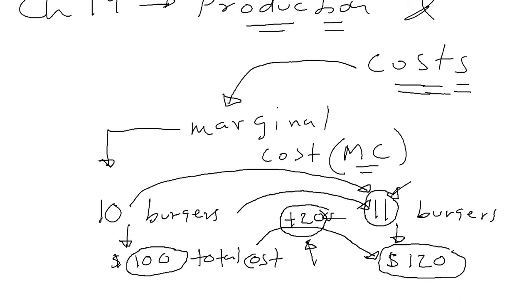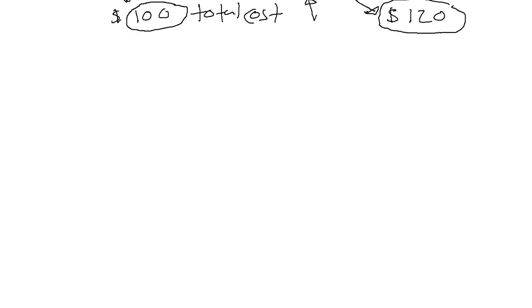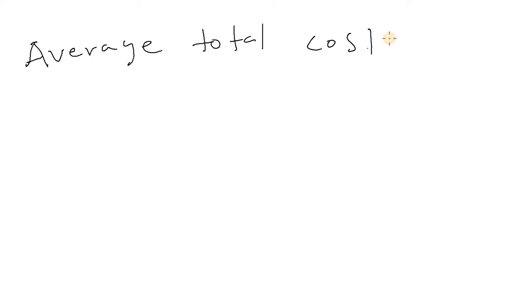There is another very important cost concept, and that is called average total cost. At the beginning, average total cost and marginal cost might seem very similar to you, but they are different. That is why these are different concepts. Average total cost is abbreviated as ATC.